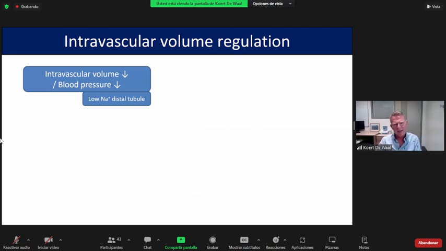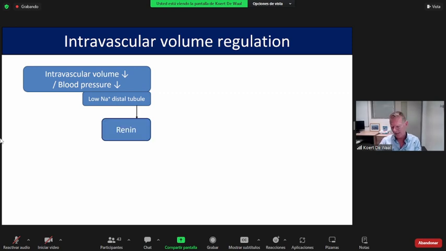So explaining this intravascular volume regulation in the physiology a bit further, there are two components which play a very important role. The signaling and the triggers for volume regulation are related, for instance, here on the left side, if your intravascular volume is low or your blood pressure is low, and there is actually a third trigger, which is related to low sodium in the distal tubuli of your kidney.